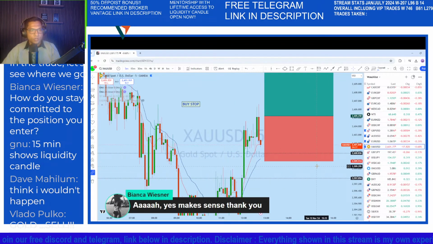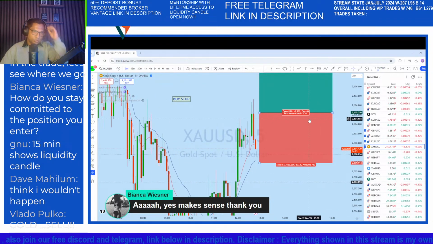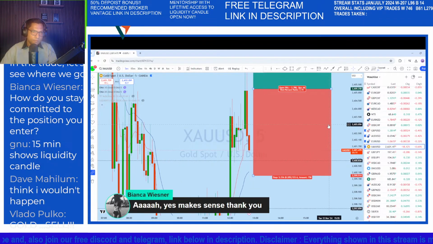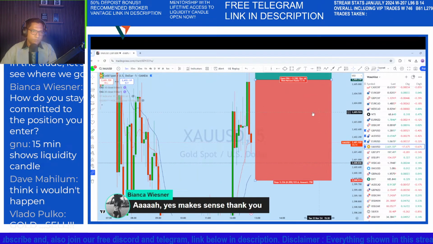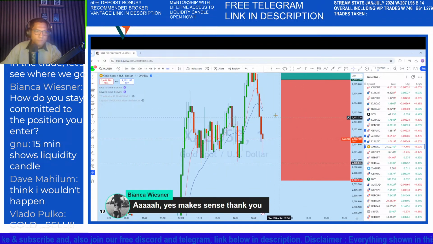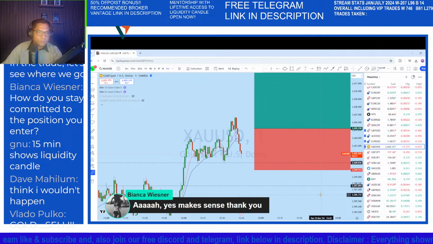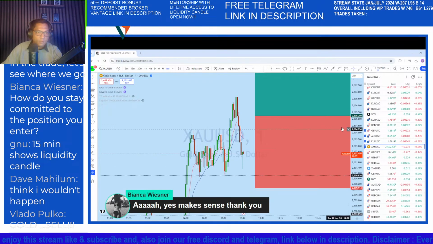It failed to create a higher high, so under that situation, let's see now what's happening. Now this is another liquidity grab here.